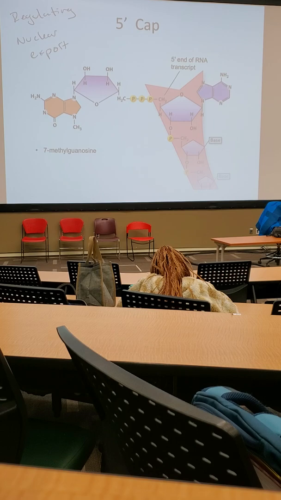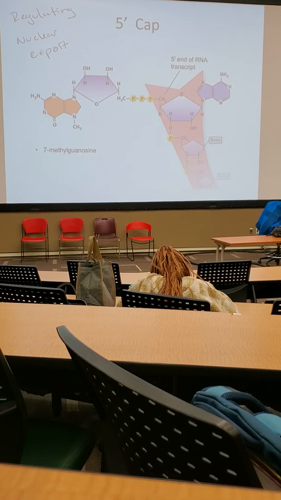That's the key thing. There's a lot of RNA in a cell. There might be viral RNA, bacterial RNA, and eukaryotic RNA. There might be RNA that's already been translated and needs to get degraded. A lot of regulation of RNA happens to do that. There are proteins waiting to attack RNA. The cell needs to tell those proteins to stay away, and one way to do it is through this cap.